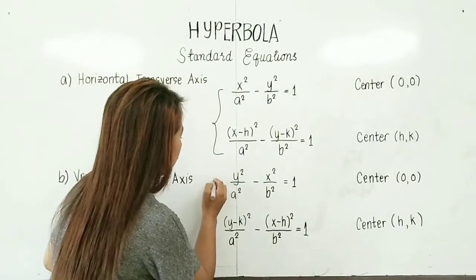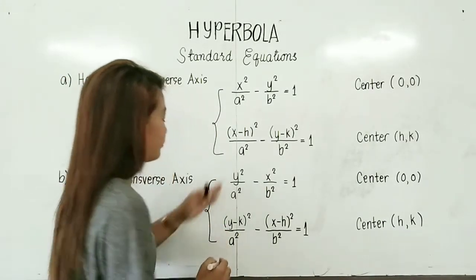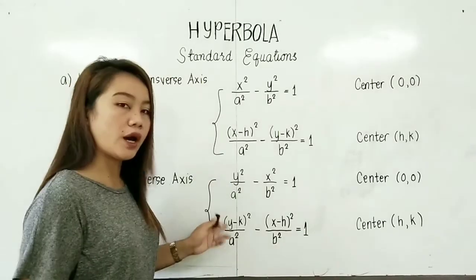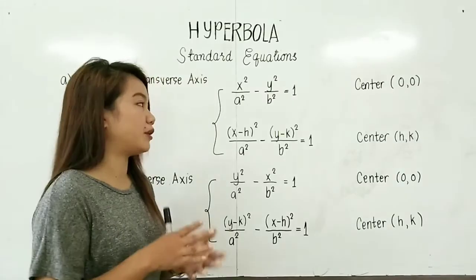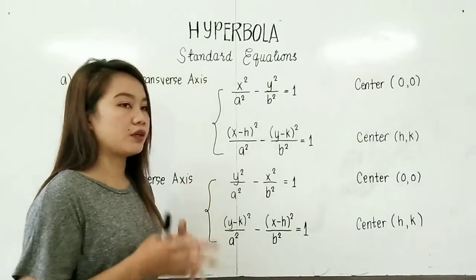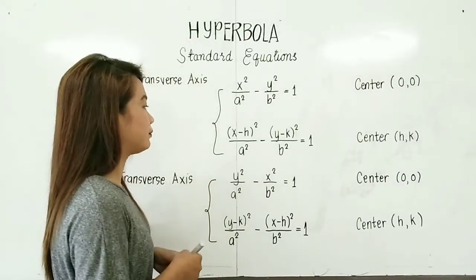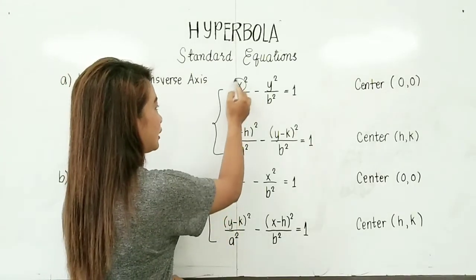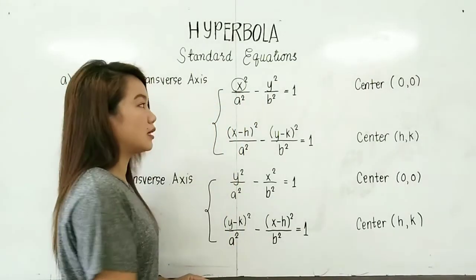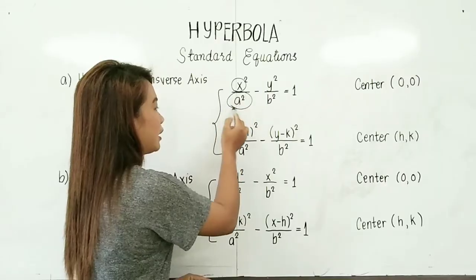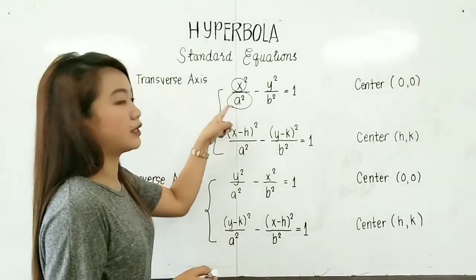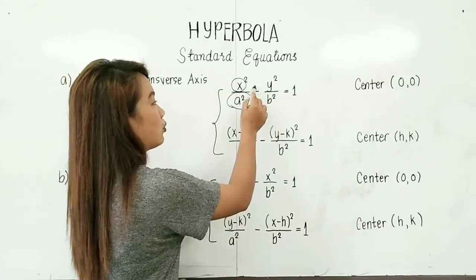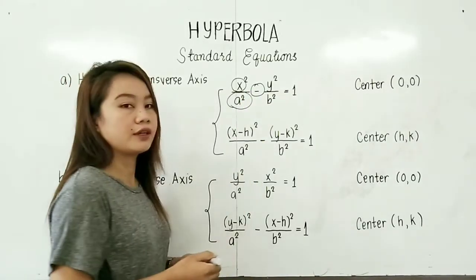But in these equations, the first variable is y. So we can say that the transverse axis of a hyperbola is horizontal if the first variable is x and it follows that the denominator is a squared. So we have x over a and our y is negative.